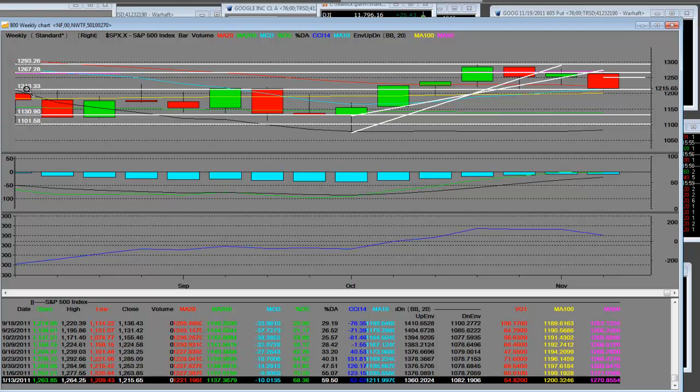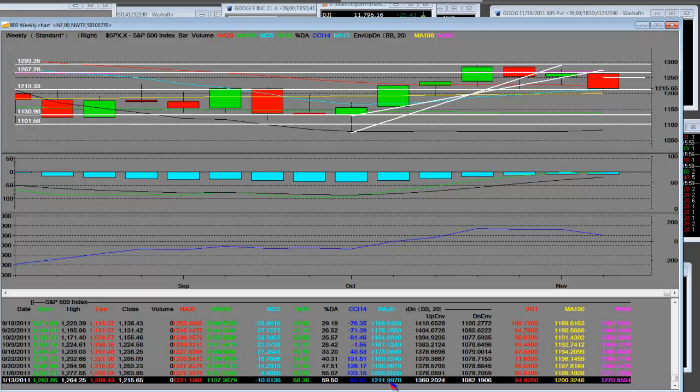If we break this major trend line right here, where my pointer is, and we start to sell down through it, and if we sell through the 10-week and the 100-week, and where is the 100-week moving average? Let me tell you, it's at 1200.32. Oh, yes, it is. And where is that 10-week moving average? It's currently at 1211.99.